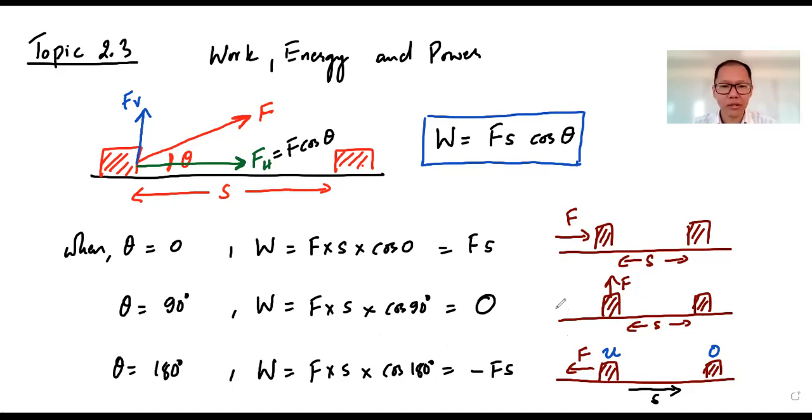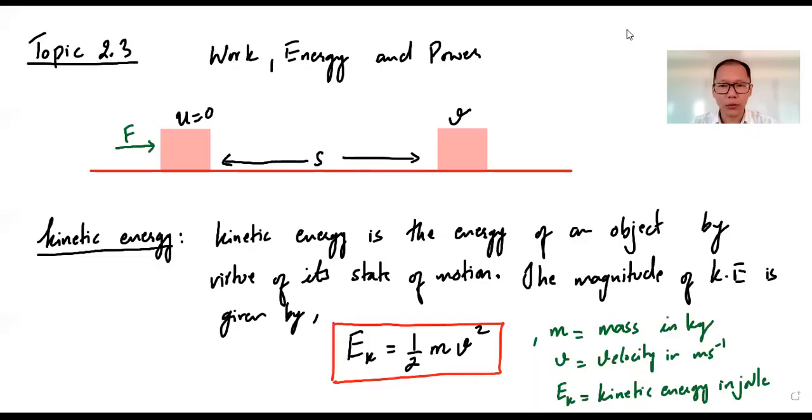And let's move on to the idea of kinetic energy next. Okay, so when we talk about kinetic energy in general, it is basically the energy of an object by virtue of its state of motion. Because an object is in motion, it has some energy.